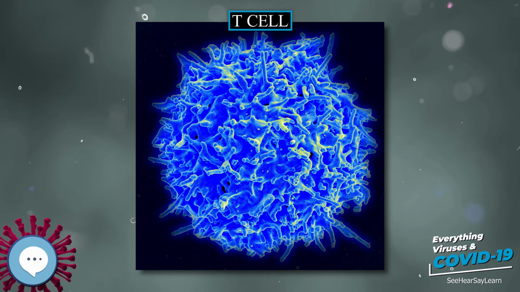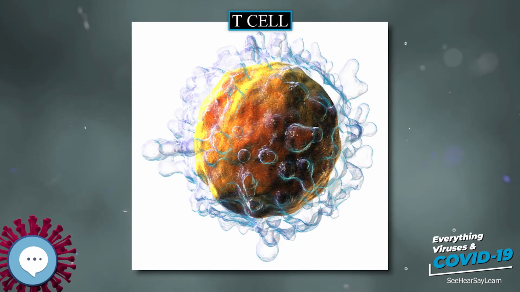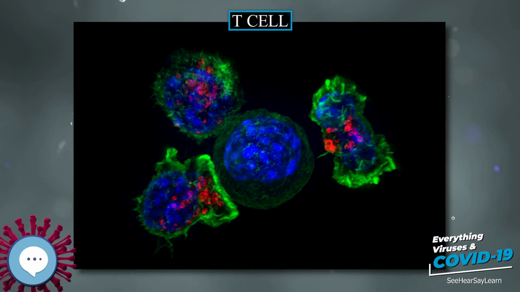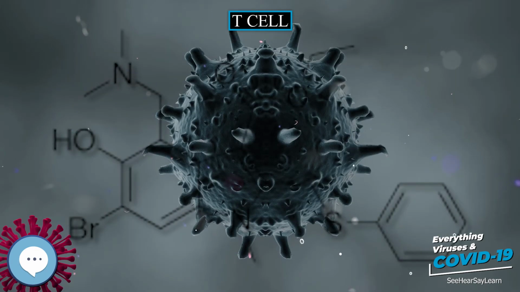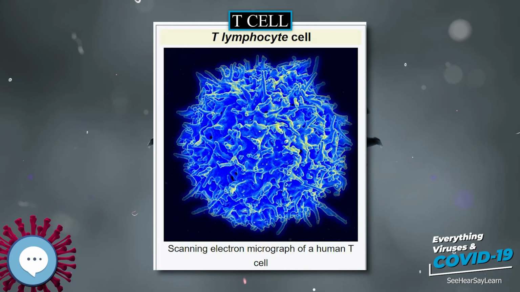Conventional adaptive T cells. Helper CD4+ T cells: T helper cells, TH cells, assist other lymphocytes, including maturation of B cells into plasma cells and memory B cells, and activation of cytotoxic T cells and macrophages. These cells are also known as CD4+ T cells as they express the CD4 on their surfaces.